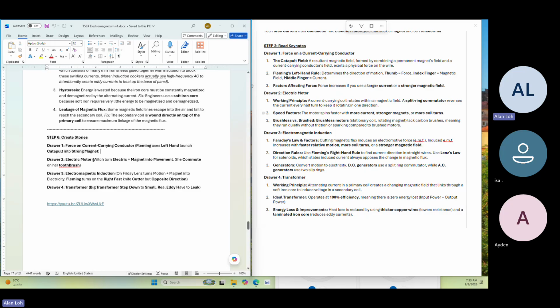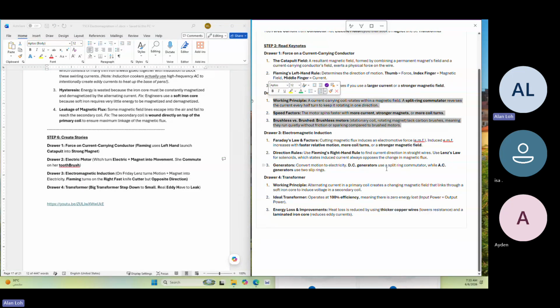So now drawer 2: a witch turns electric plus magnet into movement, right? Then she commutes on her toothbrush, right? I think by now you know these keywords are in drawer 2. So a witch, Abracadabra, turns the electric and magnet into movement.